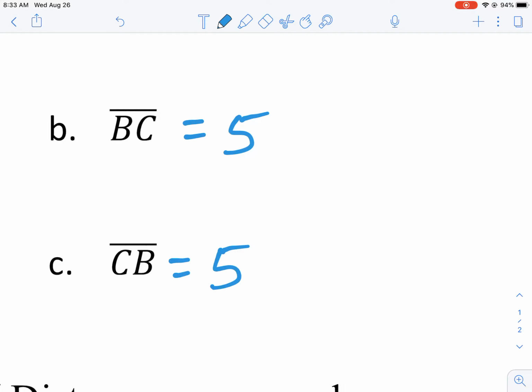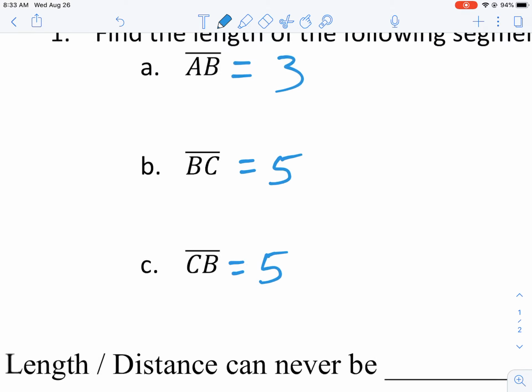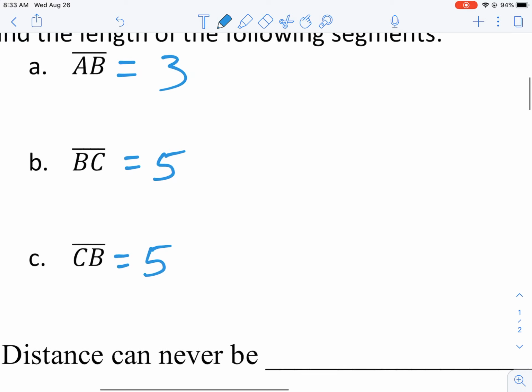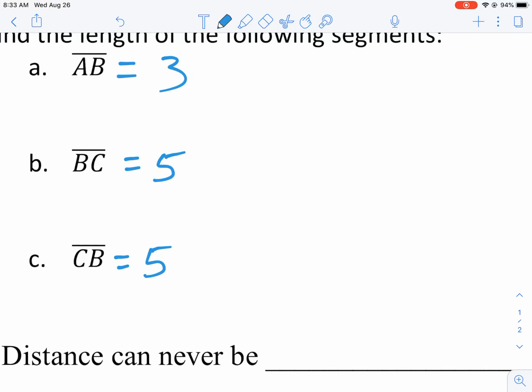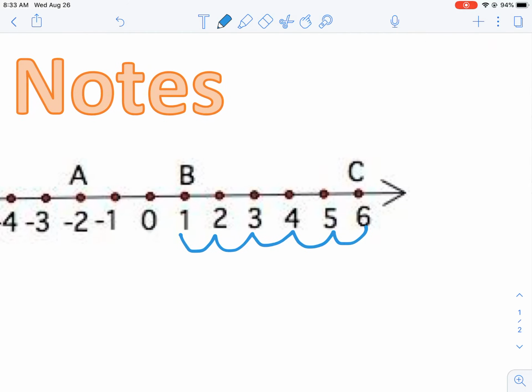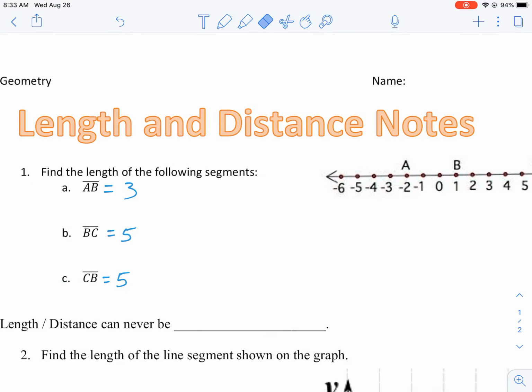That doesn't make any sense, right? Like it has a length of -2 inches. That's not really possible. So direction doesn't matter, all right? Both of these are 5, regardless if you start at 6 and go back to 1 or start at 1 and go to 6, right? It doesn't matter.